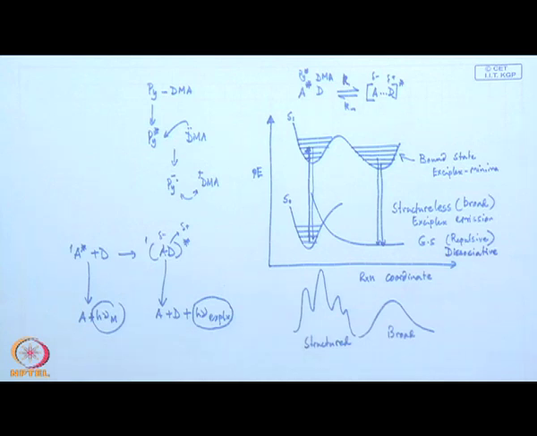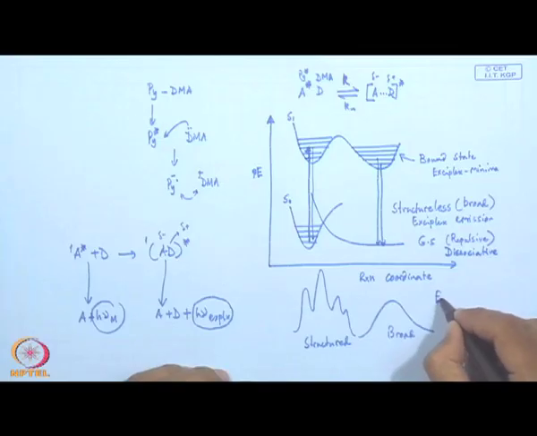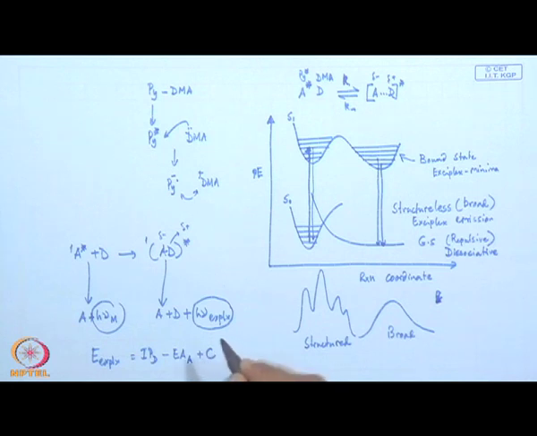The binding on the S1 surface is made up of three energy terms. Here I can write E equal to IP of donor, plus electron affinity of the acceptor, plus this Coulomb term.